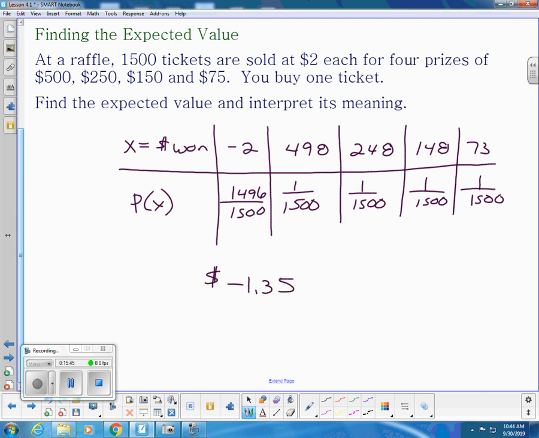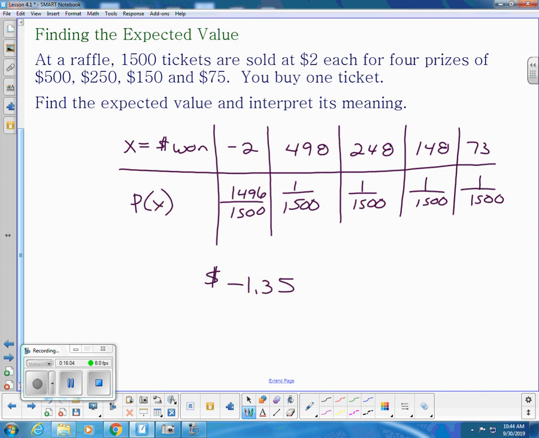That's the expected payout. What does that mean? The people that are running the raffle are making $1.35 for every ticket sold. So they're going to make, after paying out their prizes, $2,025.